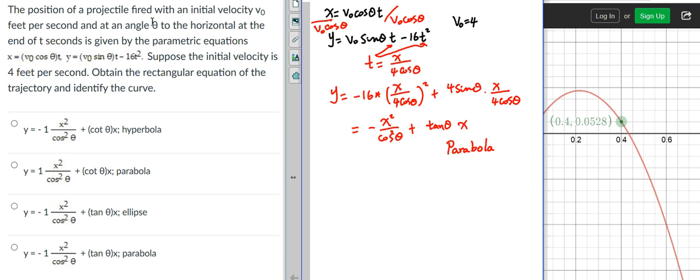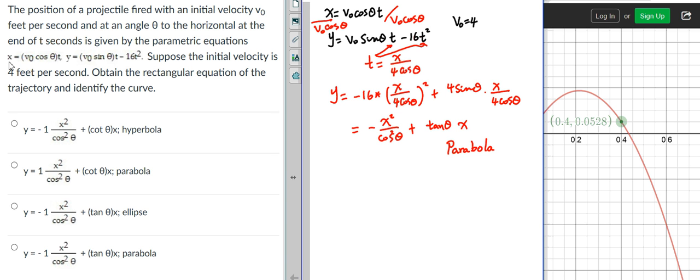Now, here we have a question. The position of a projectile fired at an initial velocity v sub 0 feet per second and at an angle theta to the horizontal at the end of t seconds is given by the parametric equations.